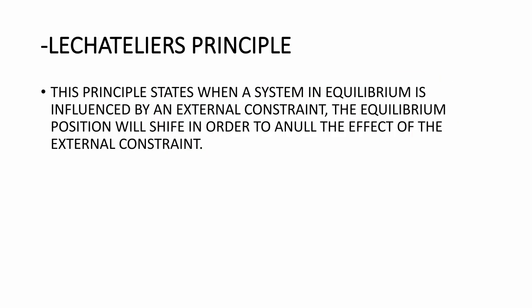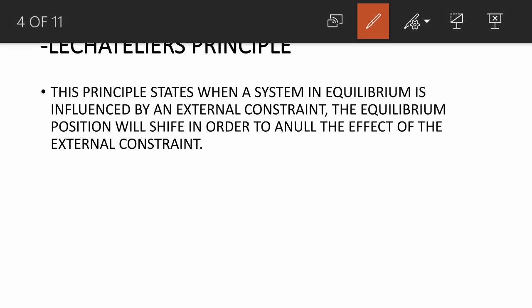Now, that leads us to Le Chatelier's principle. This principle states that when a system in equilibrium is influenced by an external constraint, the equilibrium position will shift in order to annul the effect of the external constraint. So your equilibrium reaction can shift to the right and also to the left.